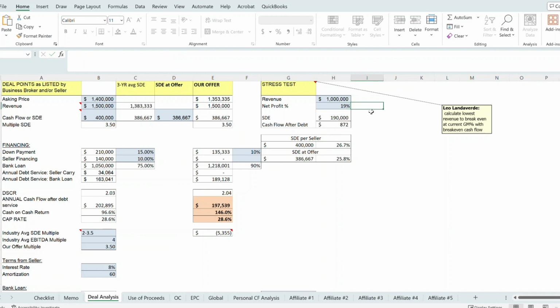You would have to generate $1 million at 19% net profit to be able to break even on the debt service coverage ratio. But if you were to buy a business just for the sake of breaking even, why are you buying a business, right? This is what you need to be looking at when you're analyzing any deal. What is the debt service coverage ratio? What is the annual post-debt service cash flow? What is the cash on cash return for you? And what is the cap rate if there's real estate involved?